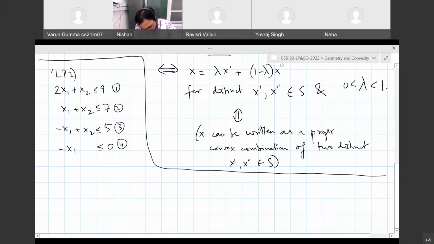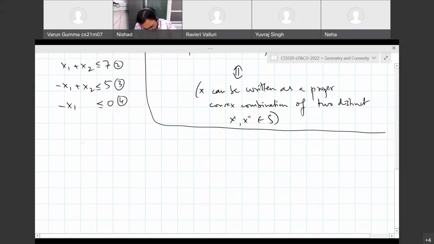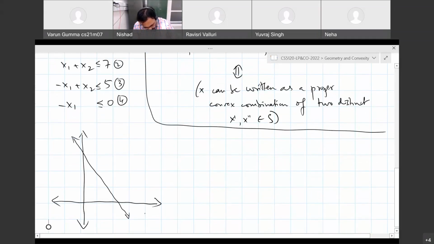I don't want to look at the objective function, so let's not care about it. So what do you get? Well, I'll make a rough drawing here. So the first line looks a bit like this, 4.5 and 9 are connected. The second line looks a bit like this.